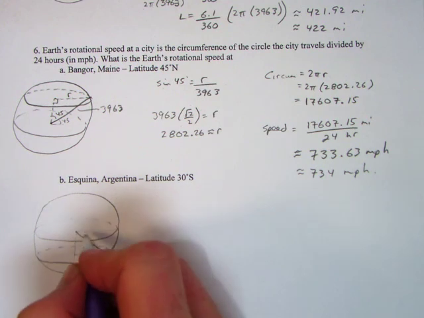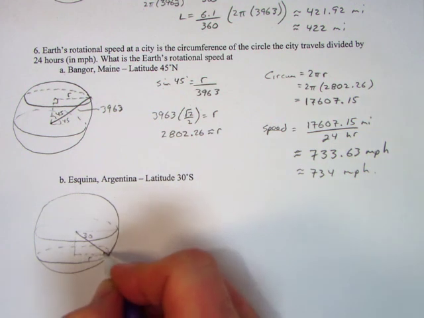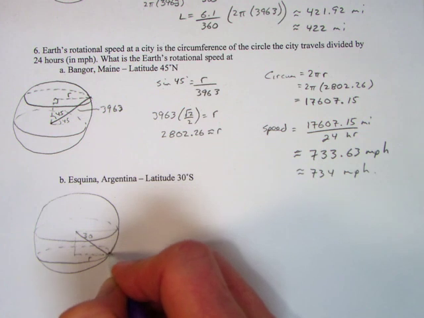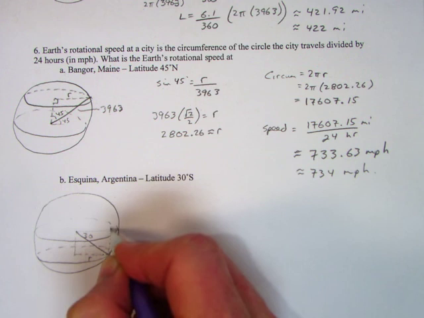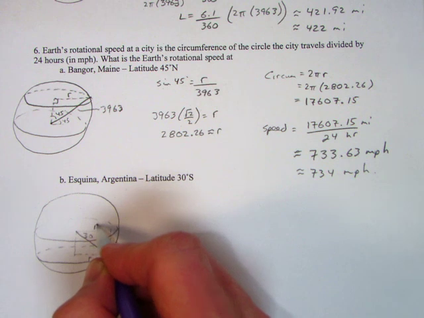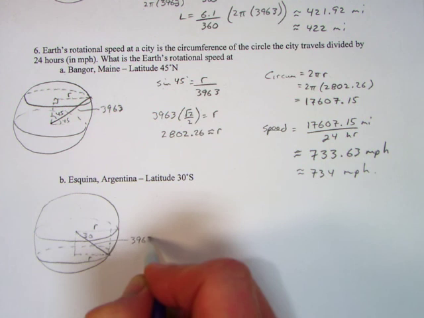Now, there's a couple ways we can do it. Let me show a different way on this one. Instead of using this piece here, what I could use is taking at this point and going up. So I basically have a rectangle here where this piece is R. And again, I know my radius is 3963.